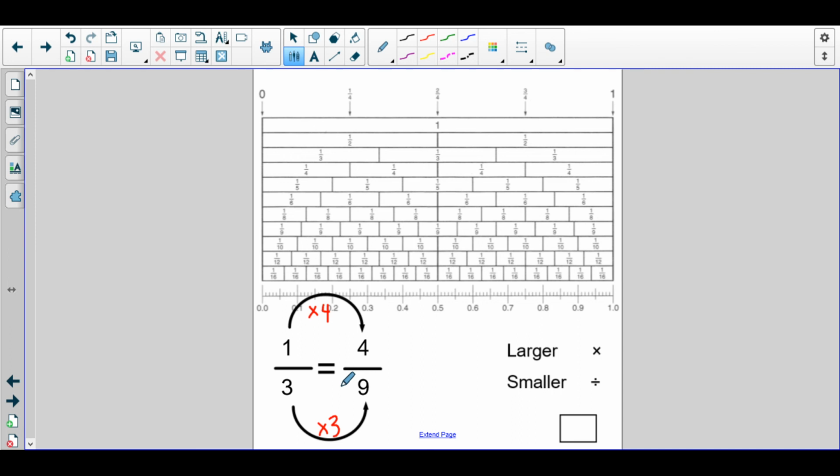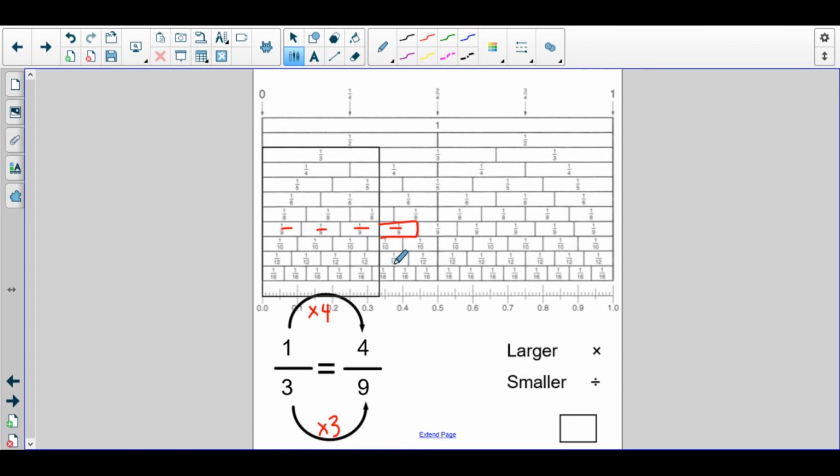But you can see there's a problem here, and that is we did not use the same number. So if I look at 1/3, is 1/3 the same as 4/9? Here's 1, there's 2, there's 3, and there's 4. So they are not the same.